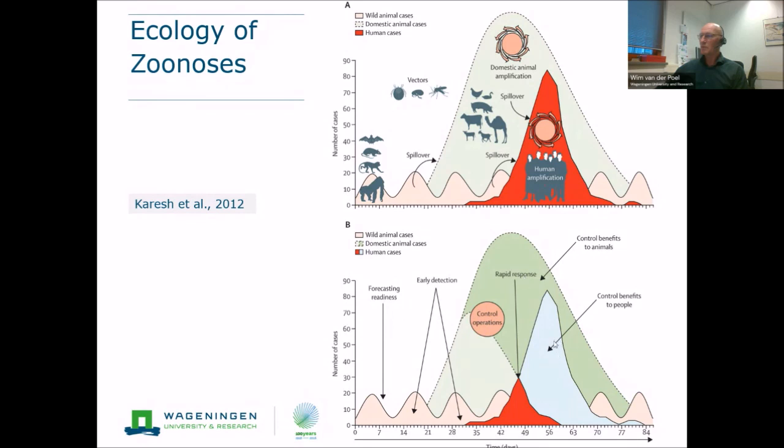And when we are able to do that, we can minimize the outbreaks that we see in the human population and also reduce what happens in the livestock population. What's clear from this picture is that we need a cooperation between veterinary health, human health, and environmental health to make this possible. And that's what we call the so-called Global One Health approach.